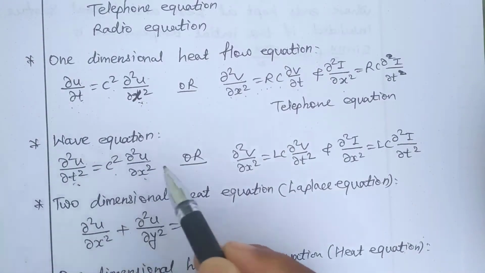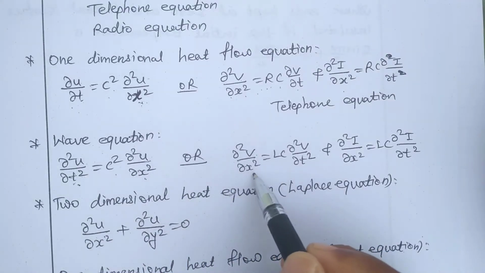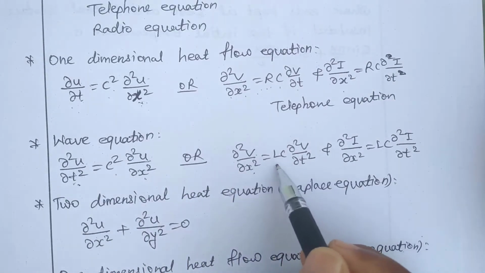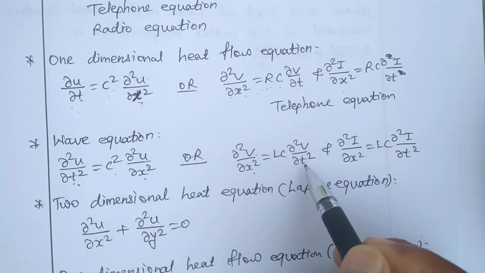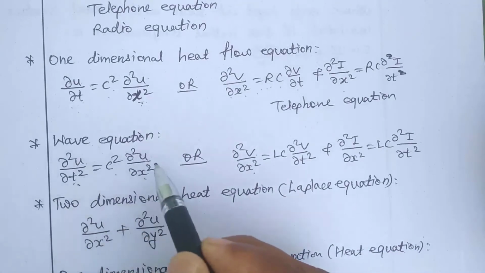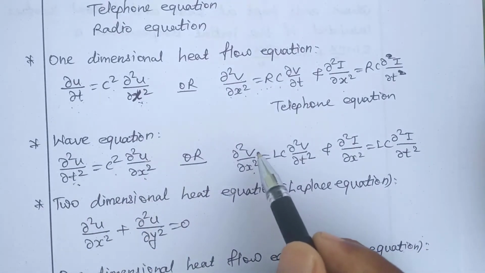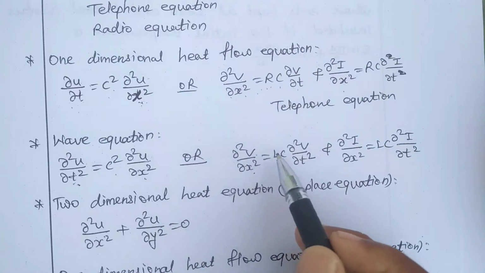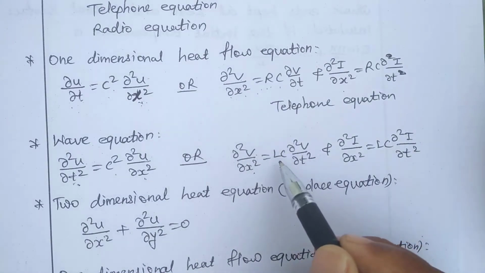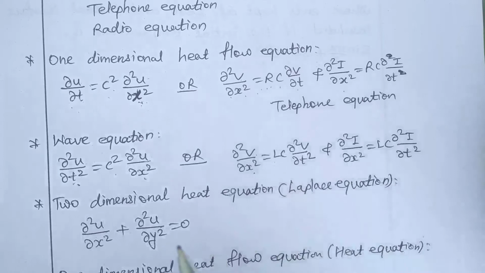This wave equation can also be written as ∂²v/∂x² = LC ∂²v/∂t². That means when you replace u by v, where v is the voltage, you get this equation, where L is the inductance and C is the capacitance.